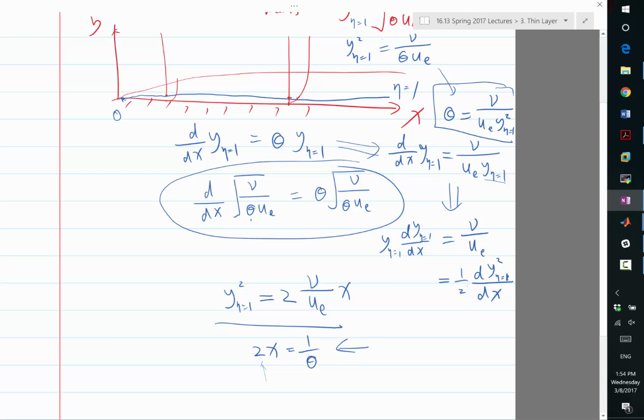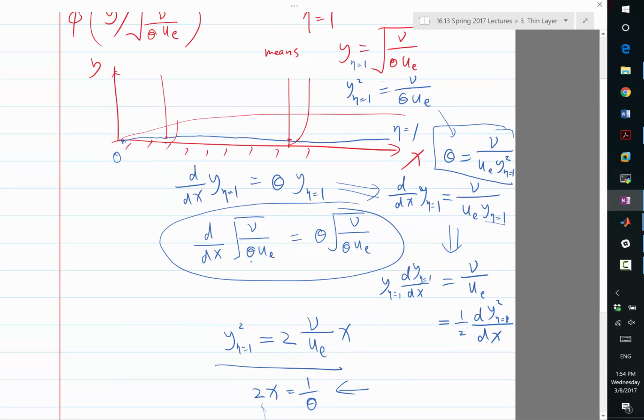So you could have chosen that to be at the thickness of the boundary layer. It would perfectly match. That's right. Actually, that's a very good point. I do think it's probably also very natural, maybe more natural, instead of using eta equal to 1, to use just the displacement thickness.